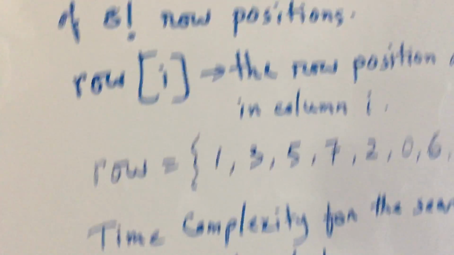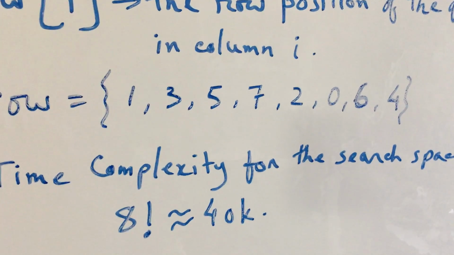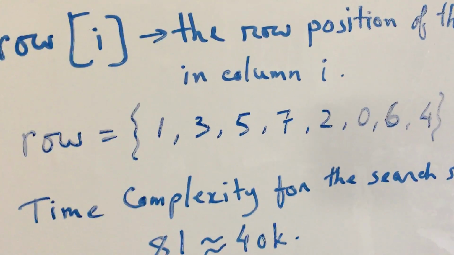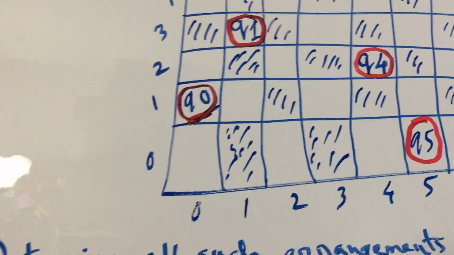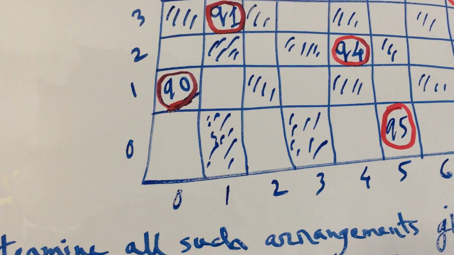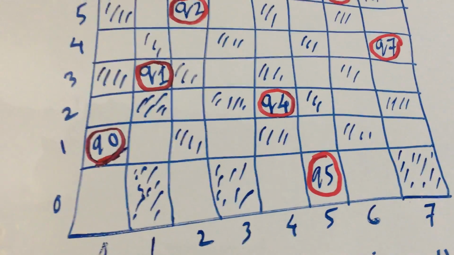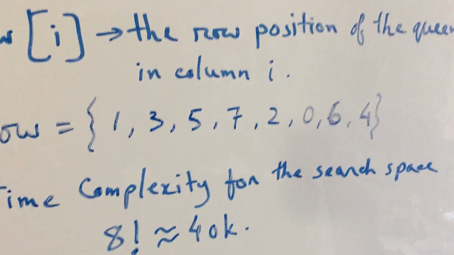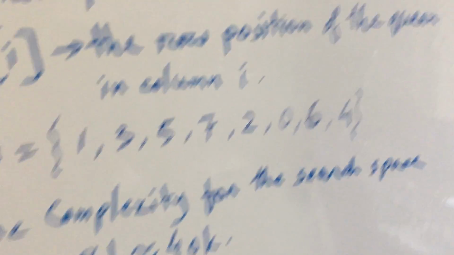Any such solution to the problem has a complexity of about 8 factorial, which is quite a bit better than an exhaustive search of 8 to the power 8, which is quite a large number. We can minimize the search space and find a solution to this problem in about 8 factorial.